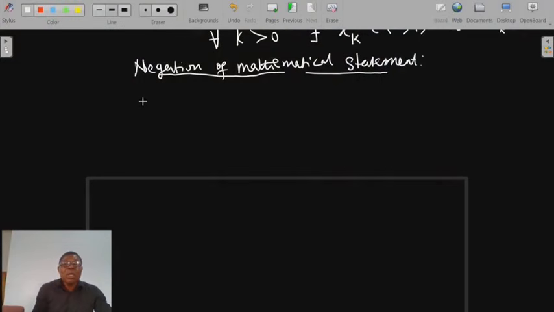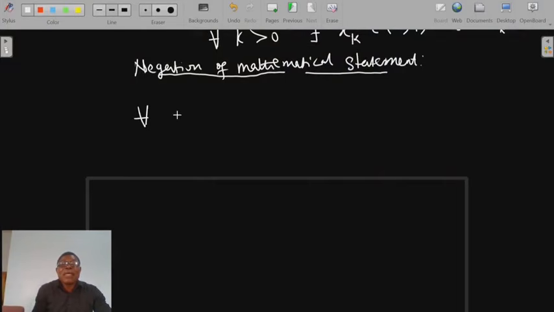To paint a better picture, it's better we use an example. Let us note that negation in mathematics or in any field of study is a very important notion that should be taken seriously.